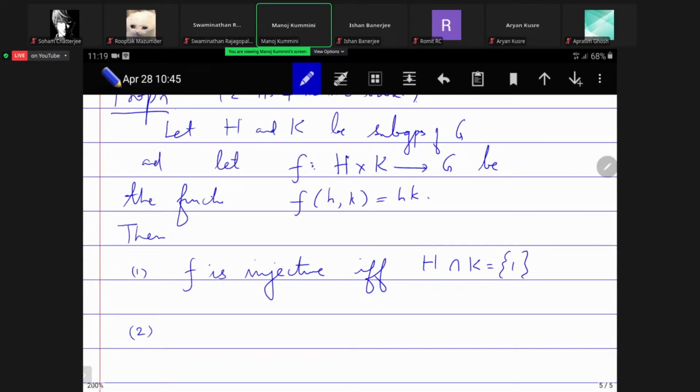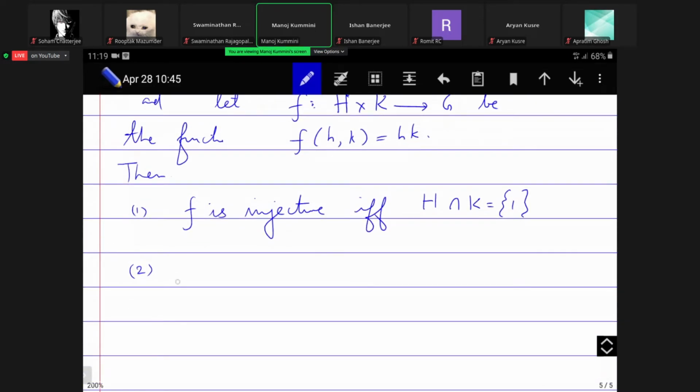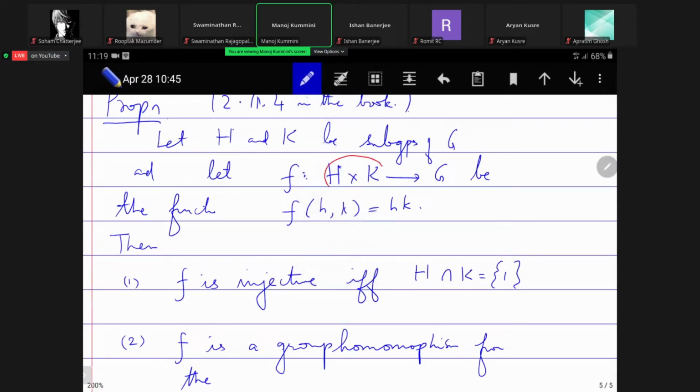2. f is a group homomorphism from the group, and let me emphasize here, I mean this only as a set before. I'm just thinking of this as a function from a set to another set.